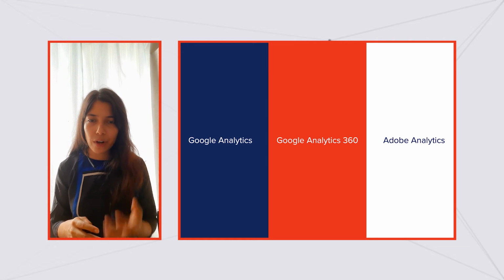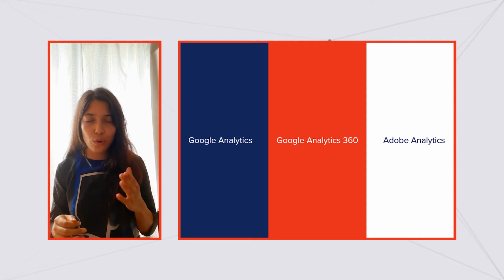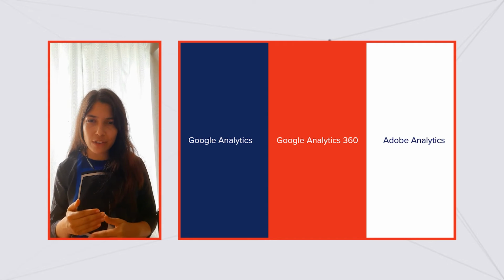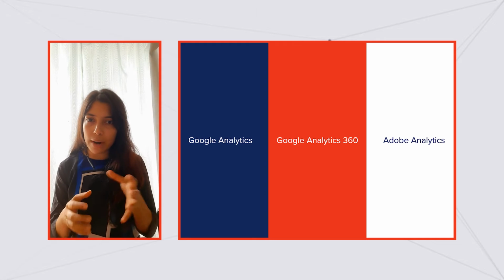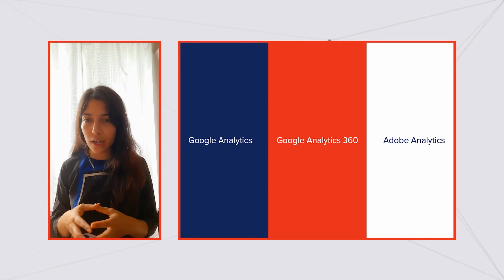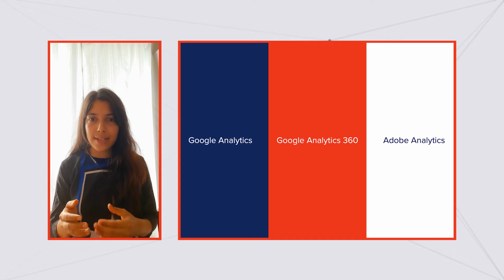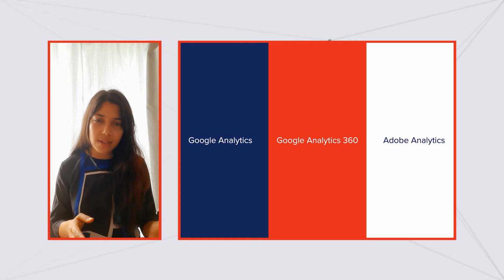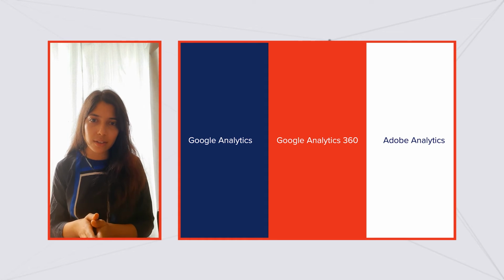And the pricing range is somewhere between $50,000 to $400,000 plus on an annual level. I think it also depends on if you're trying to bundle your product with any other Adobe features or tool sets. There's Adobe Manager, there's Test and Target. So all of these can, I think, increase the price, the annual package that you have.